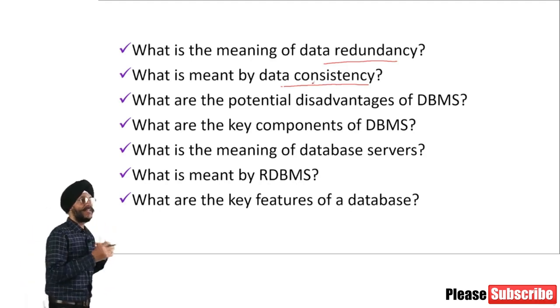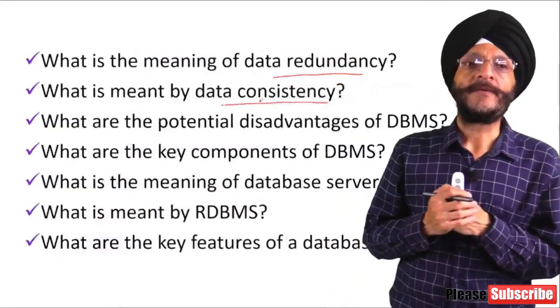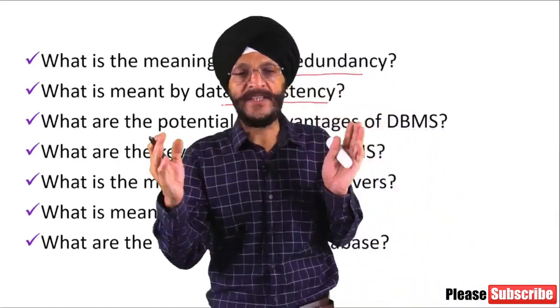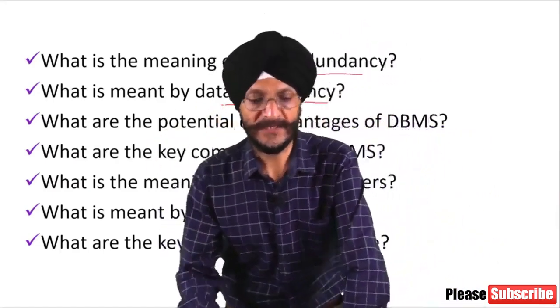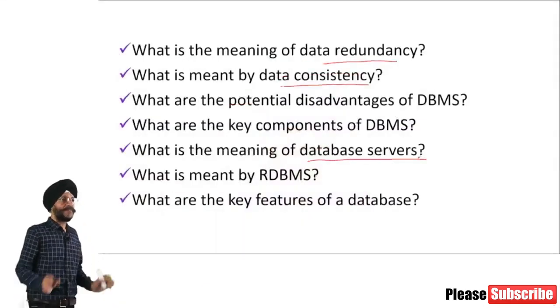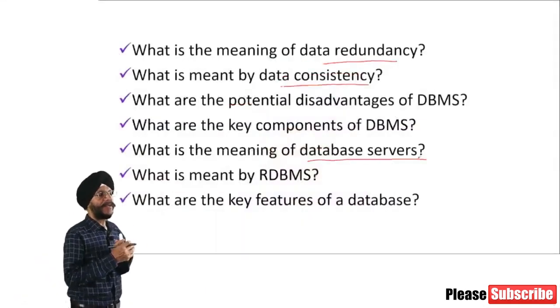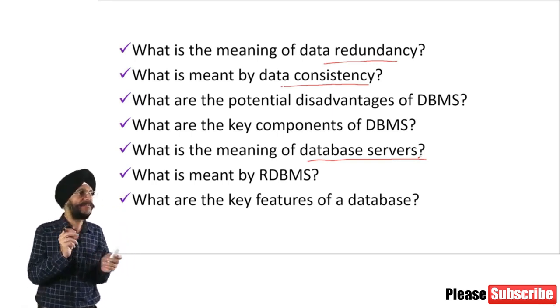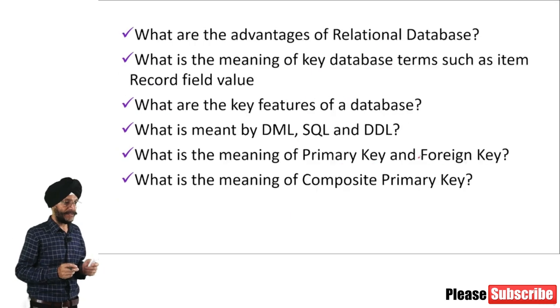The students will understand the potential limitations of DBMS and what are the key components of DBMS, what is the meaning of database servers, what is meant by RDBMS, and what are the key features of a database.